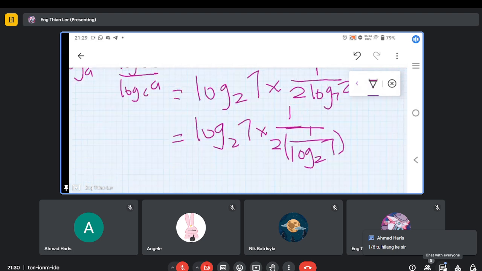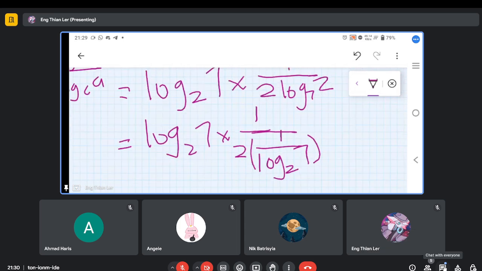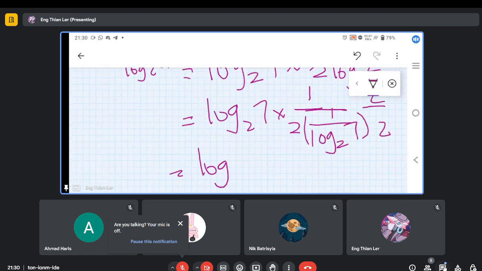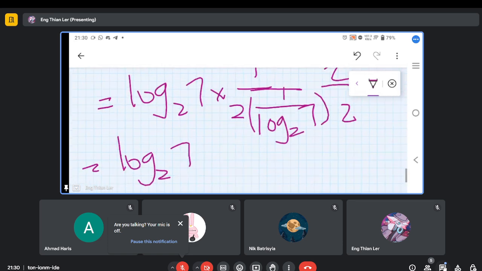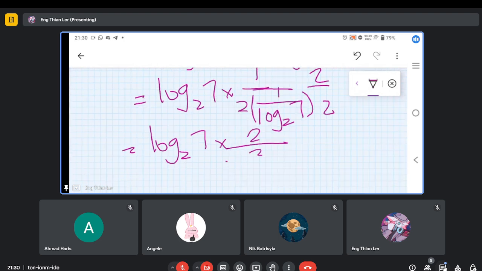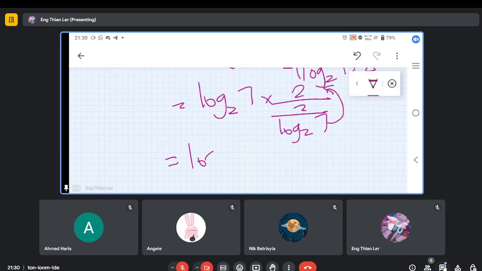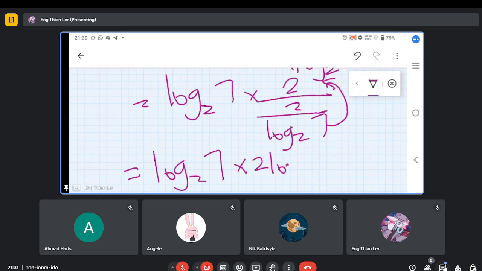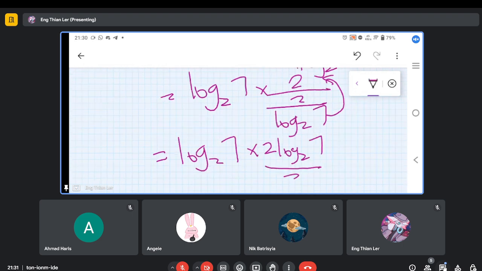So if you multiply the top and the bottom by 2, this 2 will go up. So we got log 2 base 7 multiply by 2 over log 2 7, log 7 base 2 over 2.